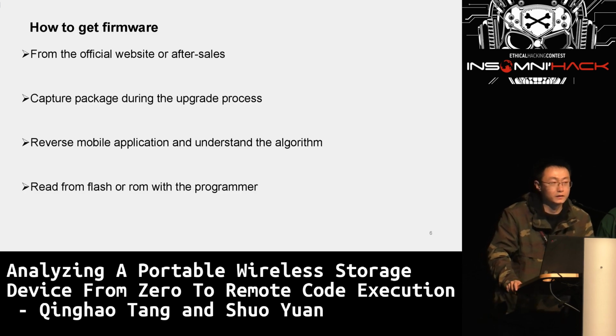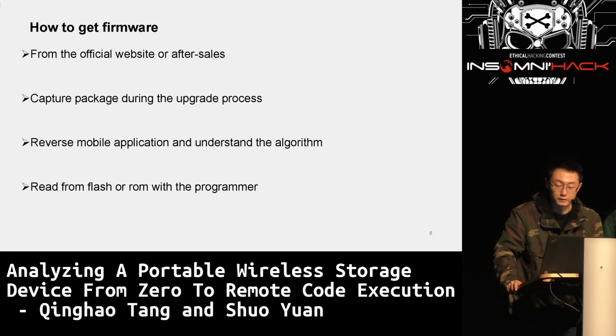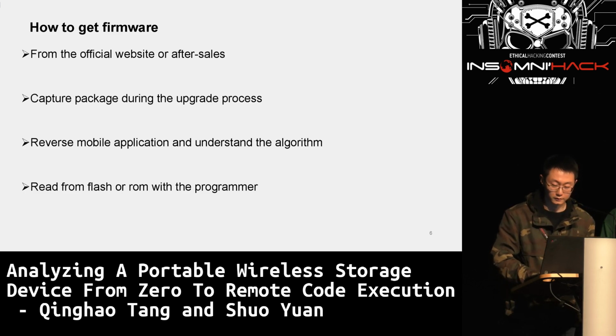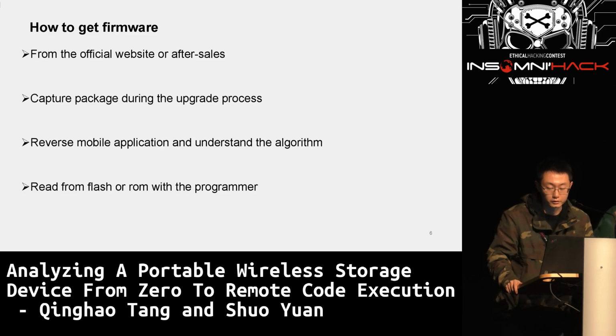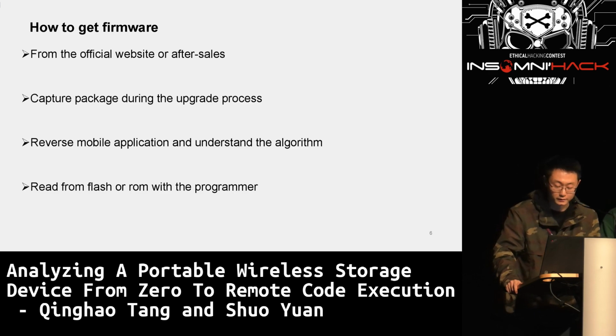After I analyzed the hardware of this device, I started to think about how to get the firmware from the ROM chip. In general, we can use these methods. For example, we can ask for an upgrade package from the official website or after-sales. It's the easiest. Or we can analyze the online upgrade process and capture the package to get the download address.